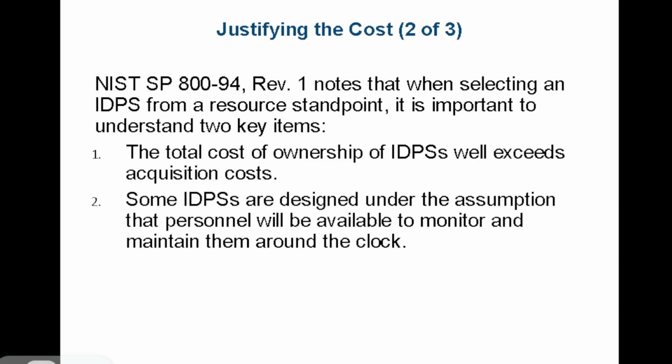When you're purchasing things, remember, it's not just the acquisition costs, not the price of the appliance, but all the costs involved in maintaining and supporting the system. Remember, you have to pay the people that are maintaining them, and it's 24/7.